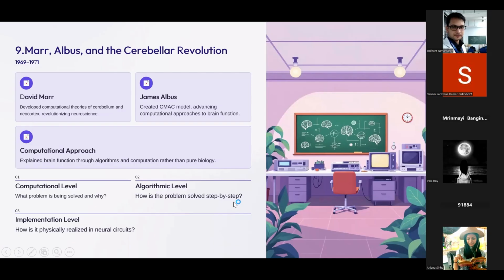So you say, okay, this part of the brain does step one, this part does step two. For example, in the visual system, let's say I'm recognizing an object in front of me, a mango or a cup.